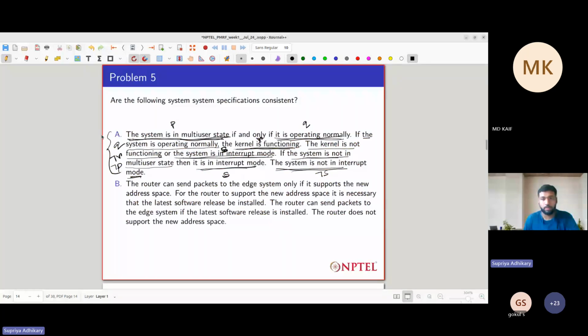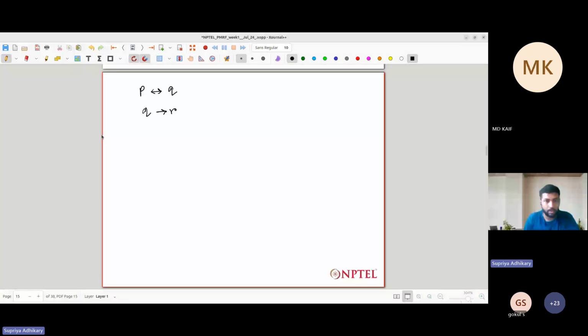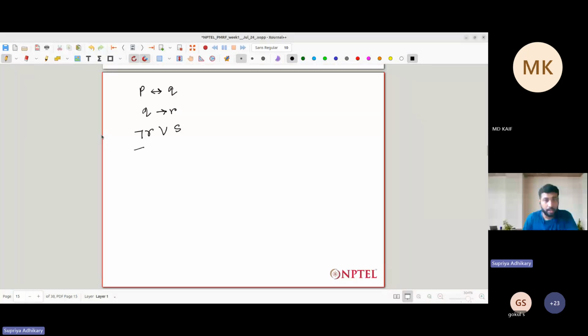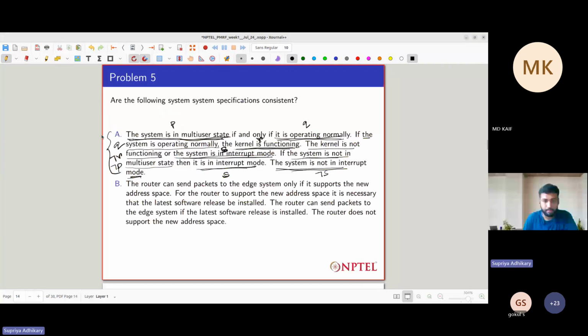The kernel is not functioning was negation R, or the system is in interrupt mode, which is disjunction S. Now, if the system is not in multi-user state, then it is in the interrupt mode. So we can write it as negation P implies S. And finally, we have the system not in interrupt mode, which is nothing but not S.